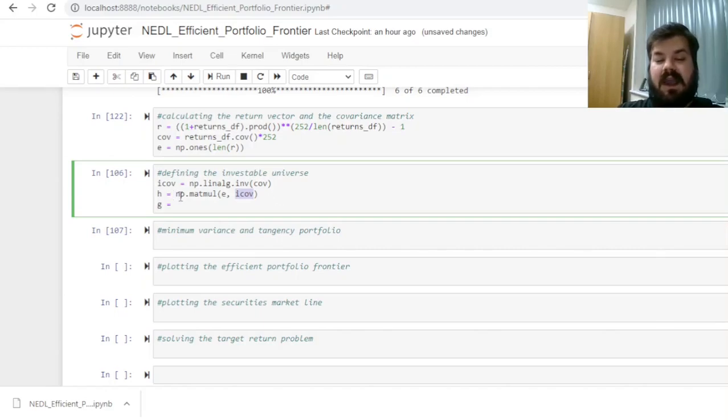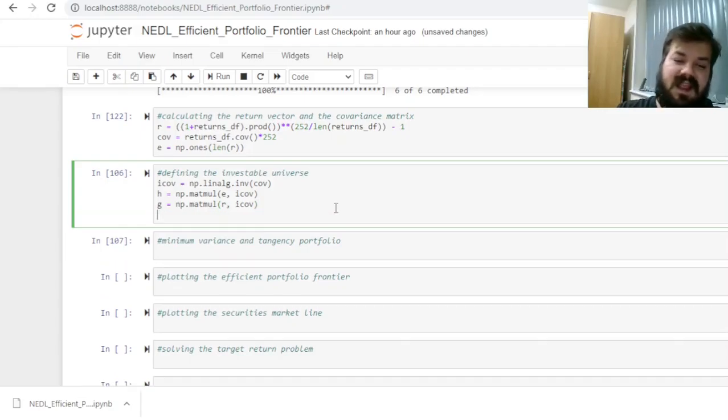So that's why H is quite instrumental in figuring out our minimum variance portfolio and overall optimizing your portfolio for very risk-averse investors. Whereas G is started the same, but instead of E here, we input R, our vector of returns. And we are almost done with defining our investable universe.